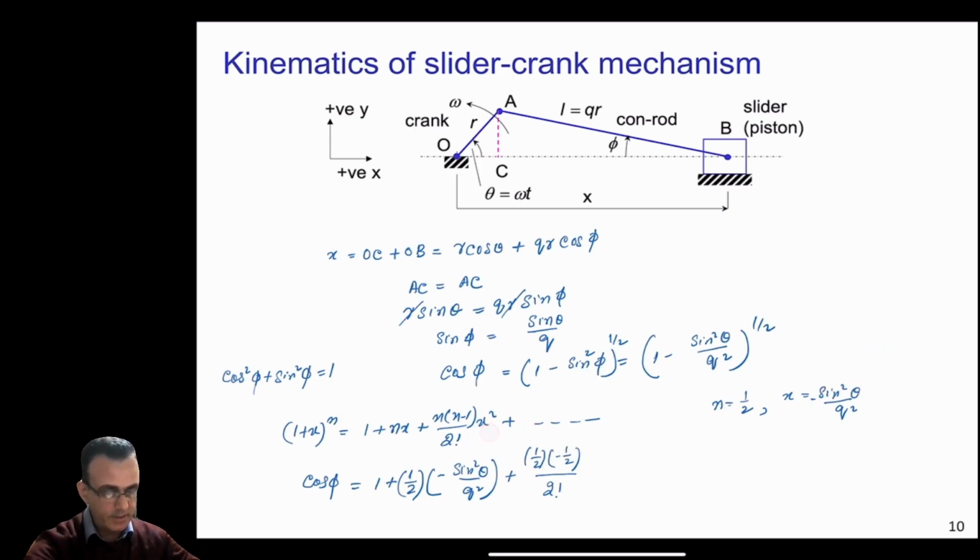So this means it's minus sine square theta divided by q square whole square, and plus so on. So we get this equation here.